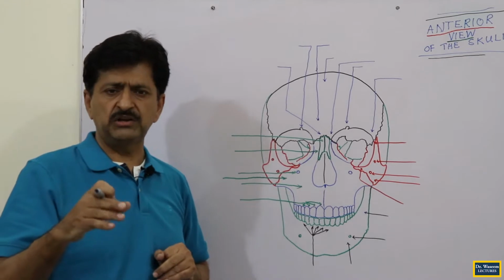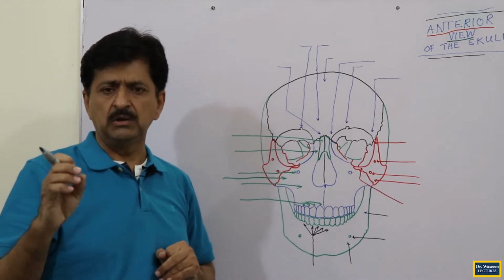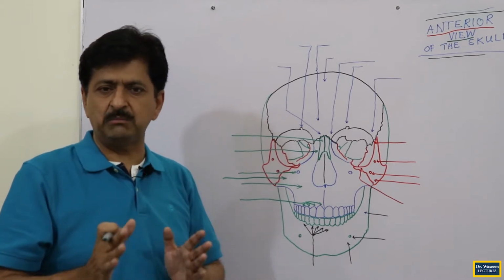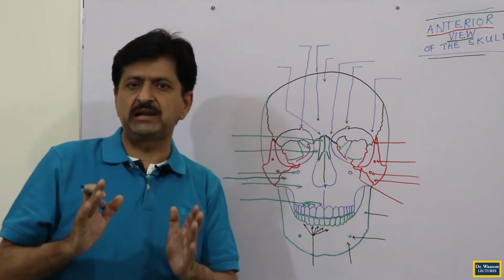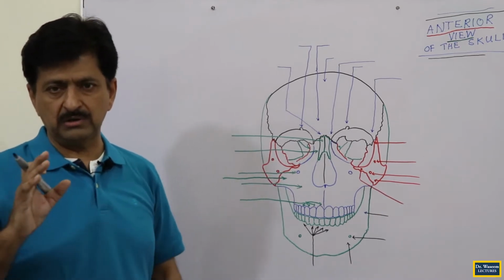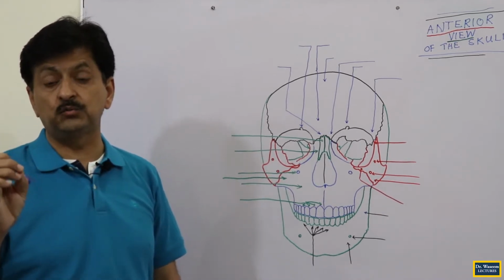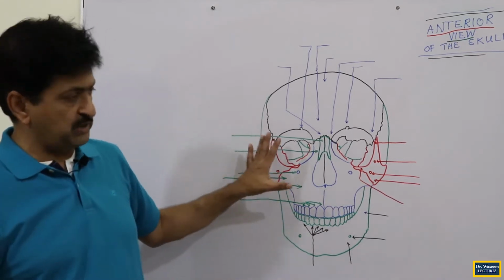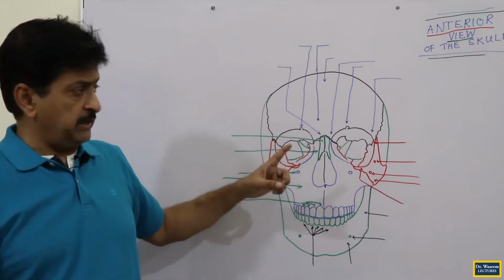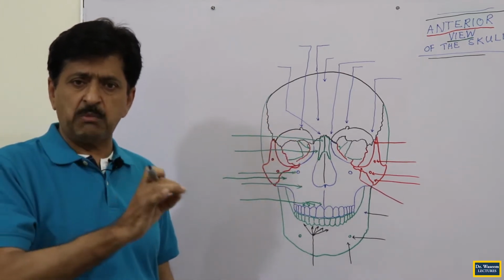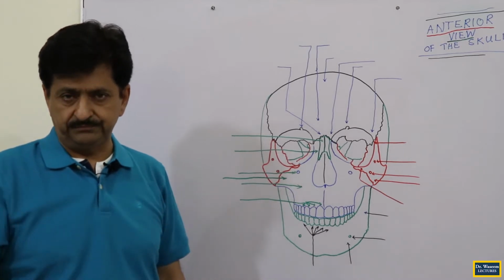A student who finally has to read the X-ray or see the CT scan or MRI, or deal with the clinical scenario, what is he required to do? Look at the skull, identify the bone, look at the major landmarks of the bone which are clinically important.